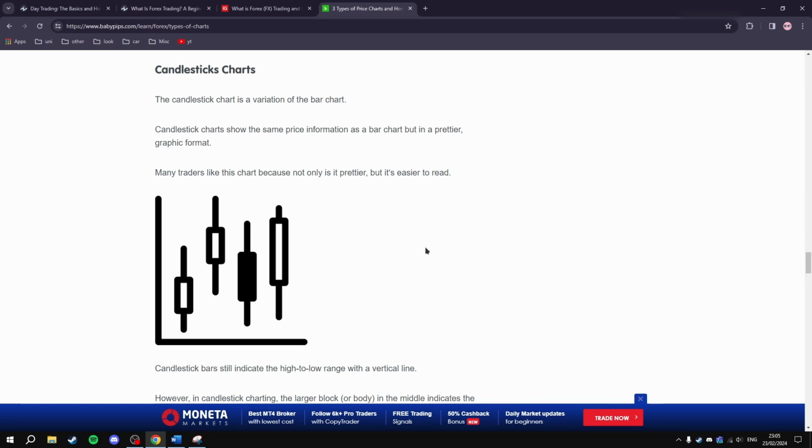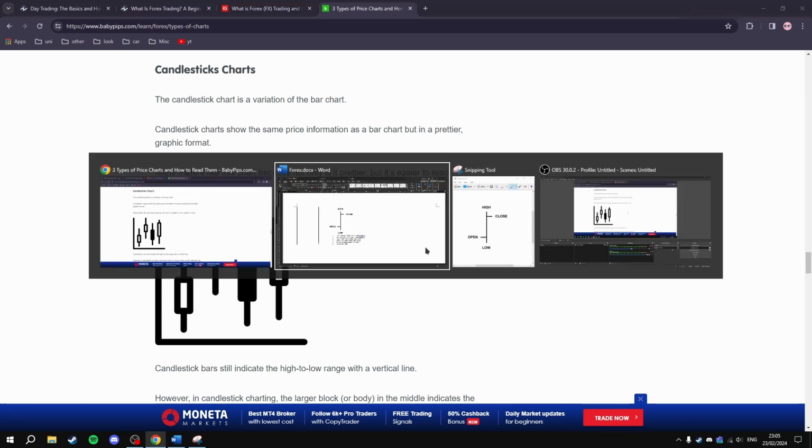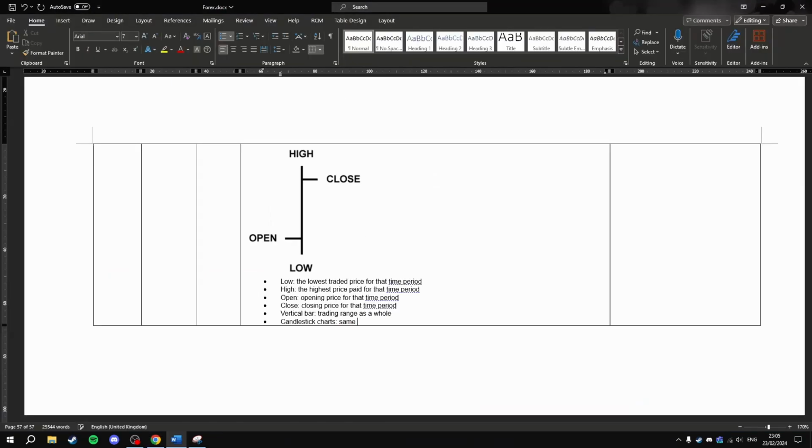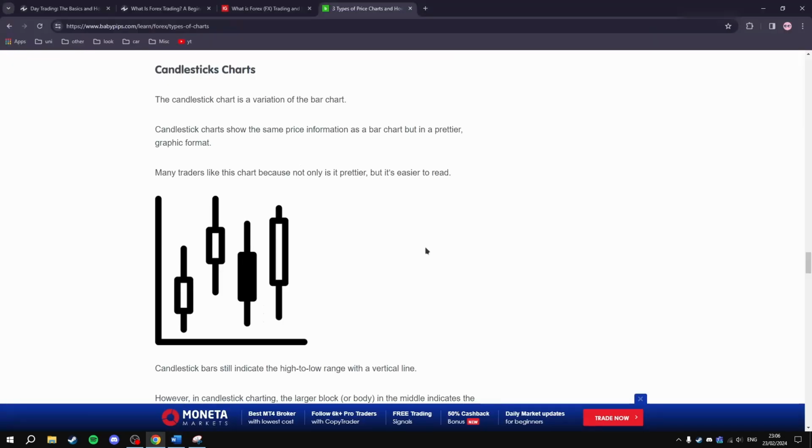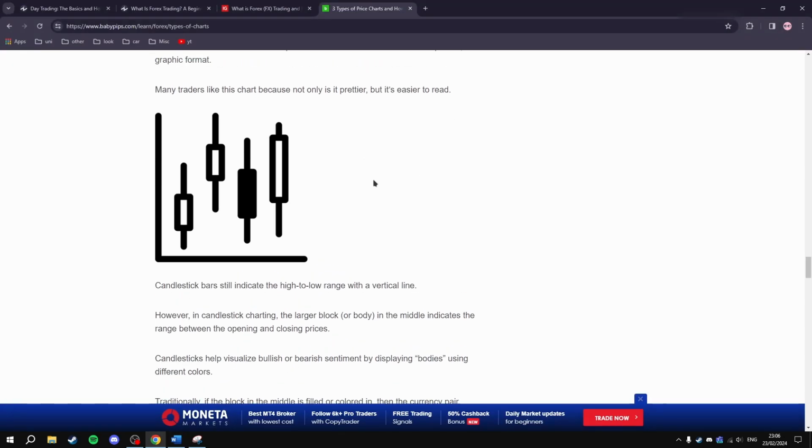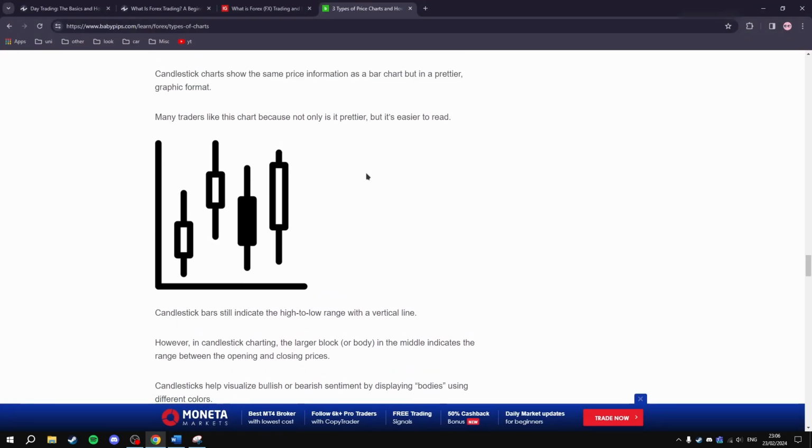Candlestick charts show the same price information as a bar chart, but in a prettier graphic format. Many traders like this chart because not only is it prettier, but it's easier to read. Candlestick bars still indicate the high to low range with a vertical line.